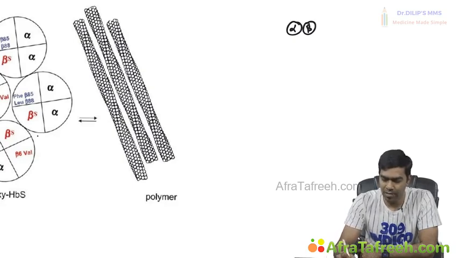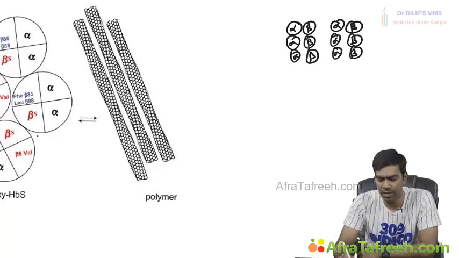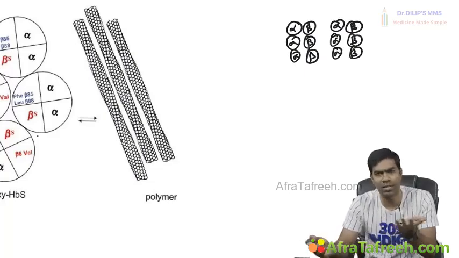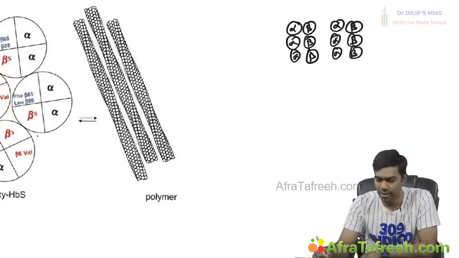So you have a nice alpha and a nice beta. This is the first chain and the second chain, nice alpha, nice beta. You're going to have this alpha beta in a different orientation, no problem. This might be facing outside, this might be facing inside, doesn't matter. Both may be facing outside, doesn't matter at all.